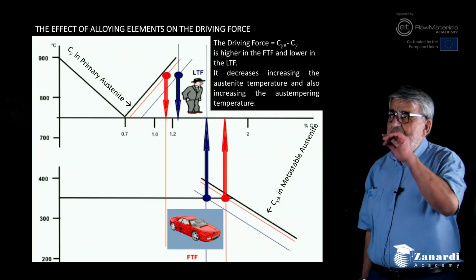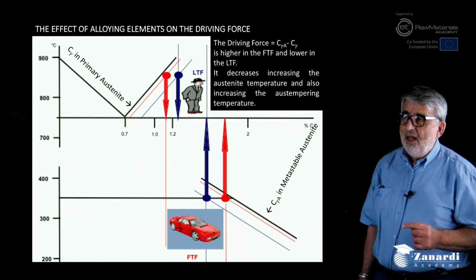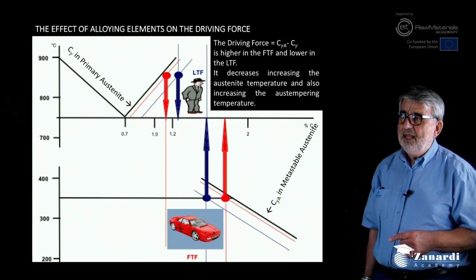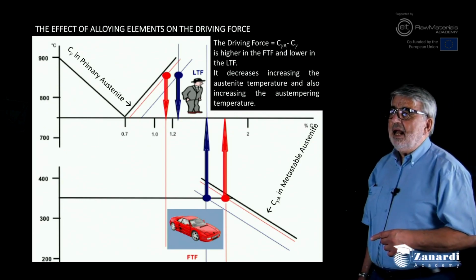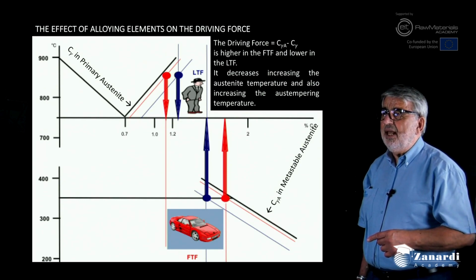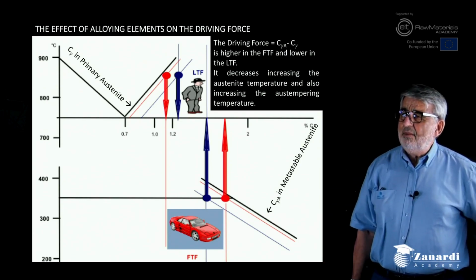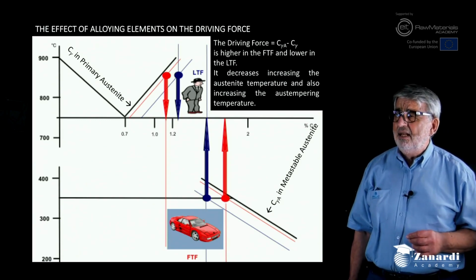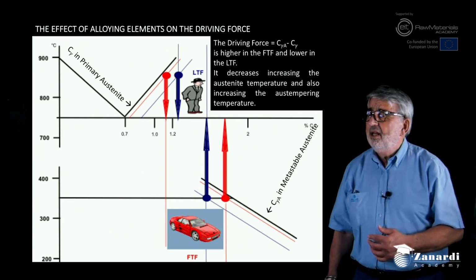So you see that in the first to freeze, where we have high silicon and low manganese, the carbon content into the primary austenite and in the metastable austenite is represented by the red arrows.